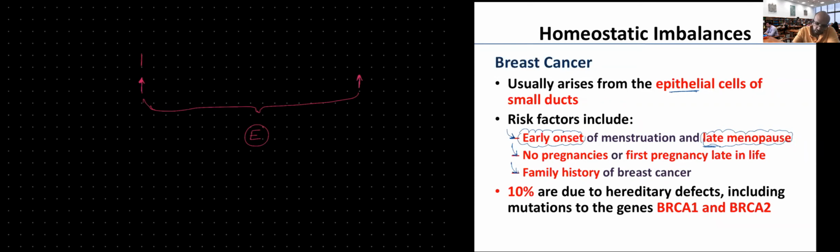So if, for example, the first menstrual cycle, rather than coming at age 14, let's say, started at age 8, and menopause, rather than taking place by age 45, took place by age 55.